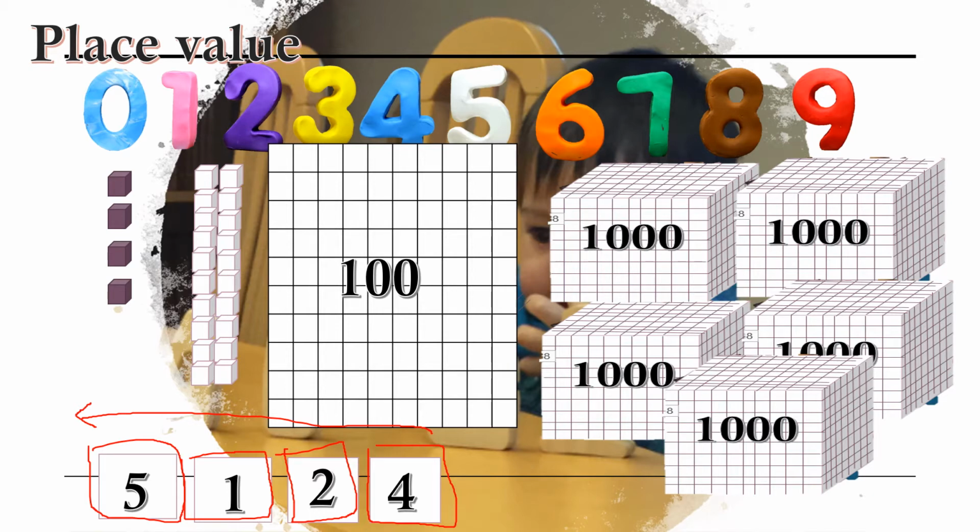Thousands place tells how many groups of thousands we had. Have you noticed, children, that every time we have a bigger group, we place it to the left in a new number place? That's how the number system works. Okay?